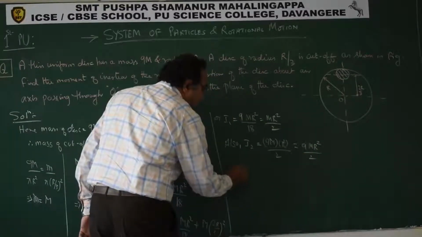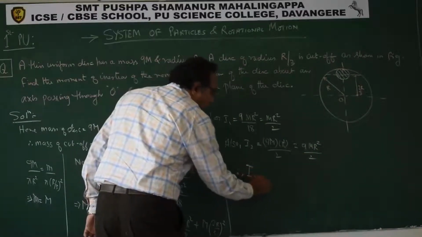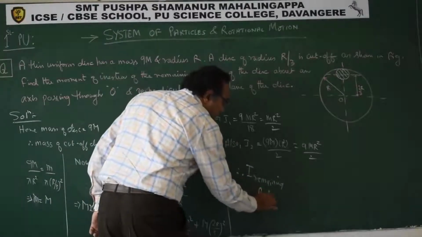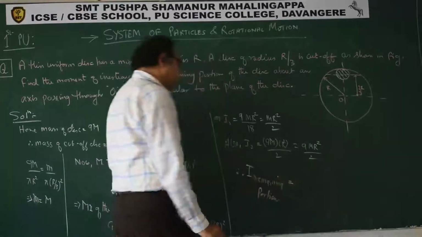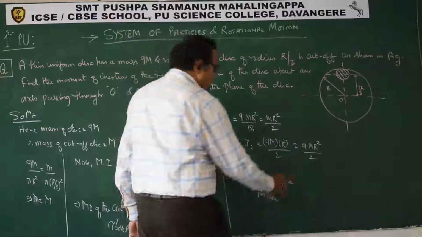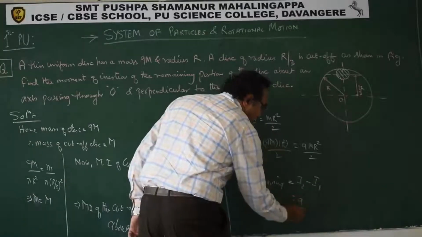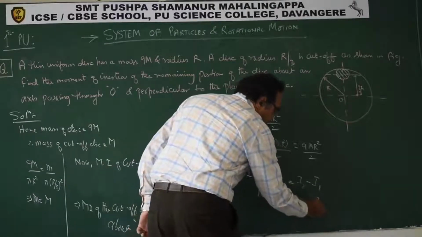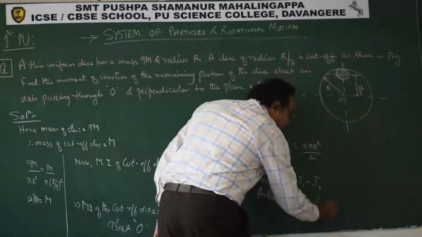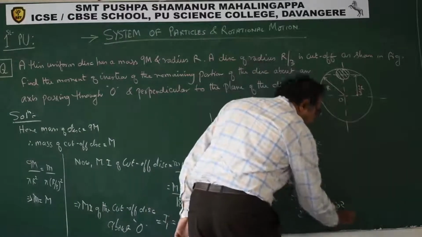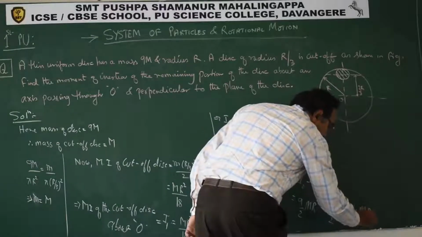So therefore the I of the remaining portion is I2 minus I1. So that is 9 by 2 mr square minus 5 by 18 mr square. So that is 4 mr square.